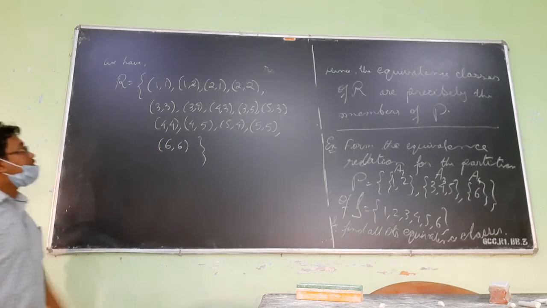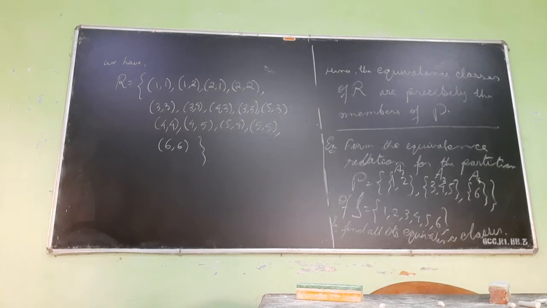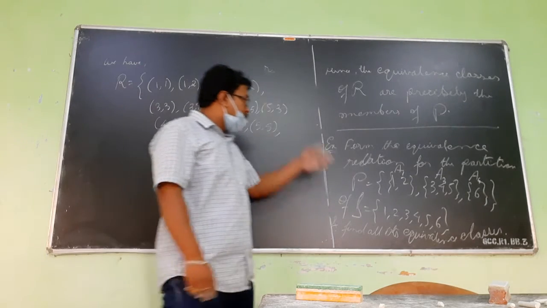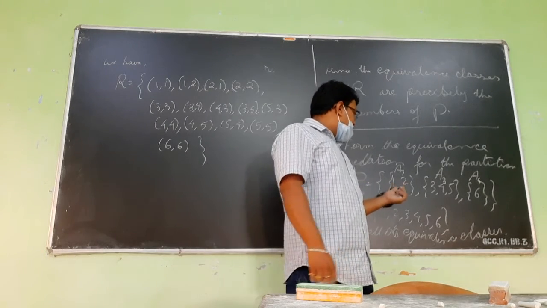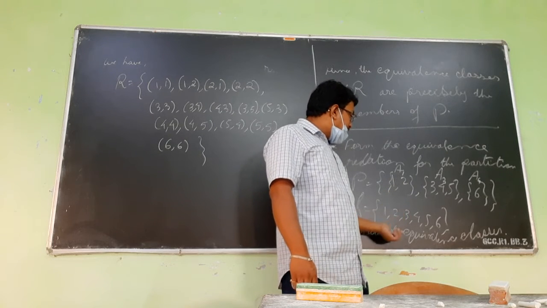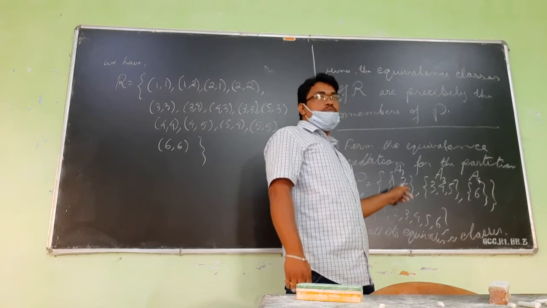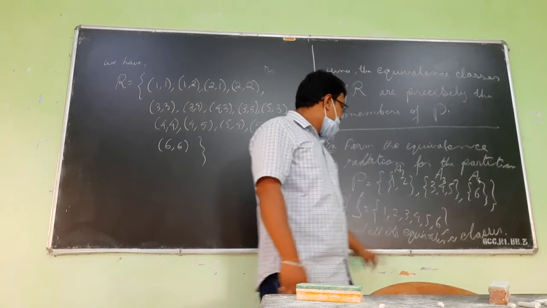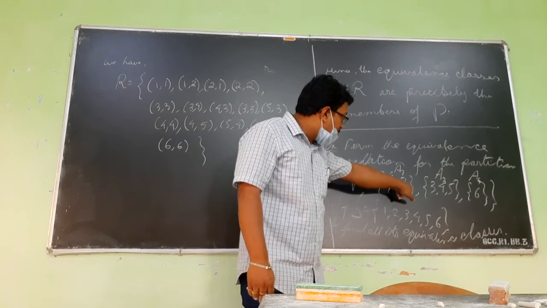So this is an equivalence relation. Check whether it's an equivalence relation or not. We have R equal to this. From the given partition, we form the equivalence relation using that formula: two elements of this set are related if they belong to the same member of the partition. Here we have seen the members of this partition.